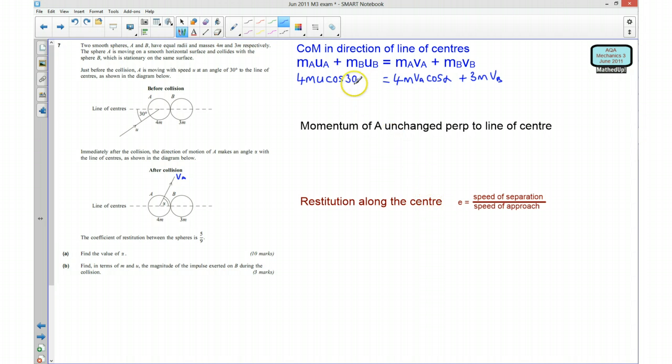Okay, just simplifying this, cos 30 is root 3 over 2, and all the m's here will cancel each other out, so this will simplify to 4u root 3 over 2, which is just 2 root 3 u.